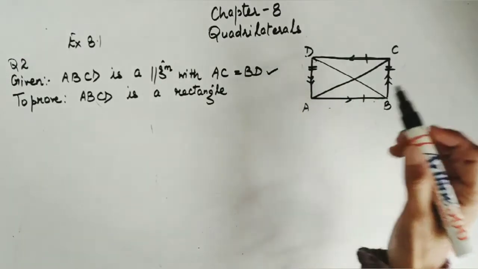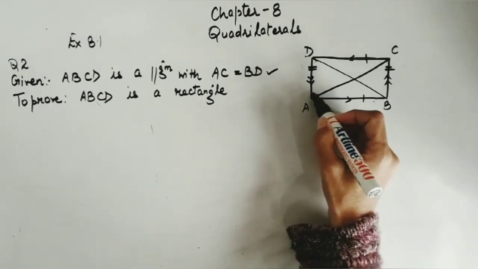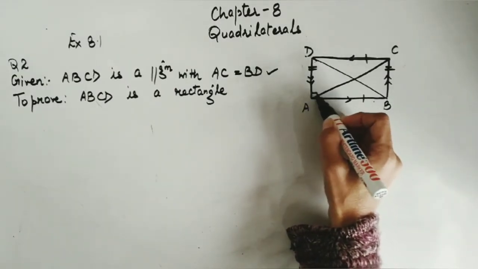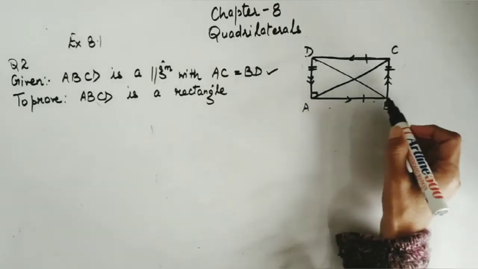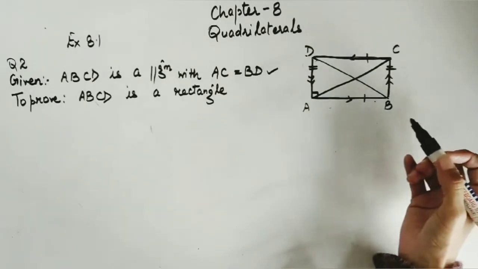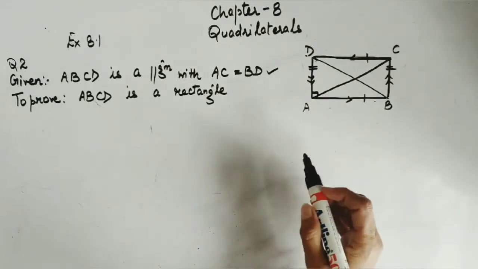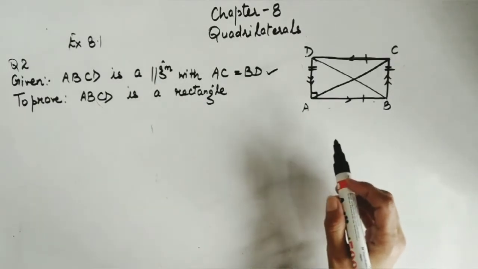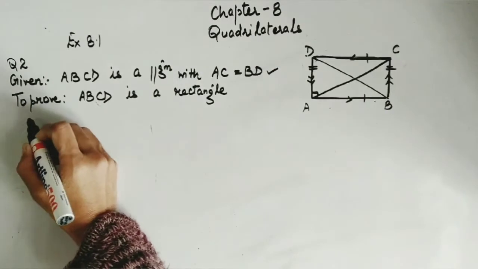So a parallelogram can be called a rectangle if we are able to prove that at least one angle is 90. Either A, B, any of the angles if can be proved equal to 90 degree, then this parallelogram would become a rectangle. So let's see which triangles would help us to prove this result.